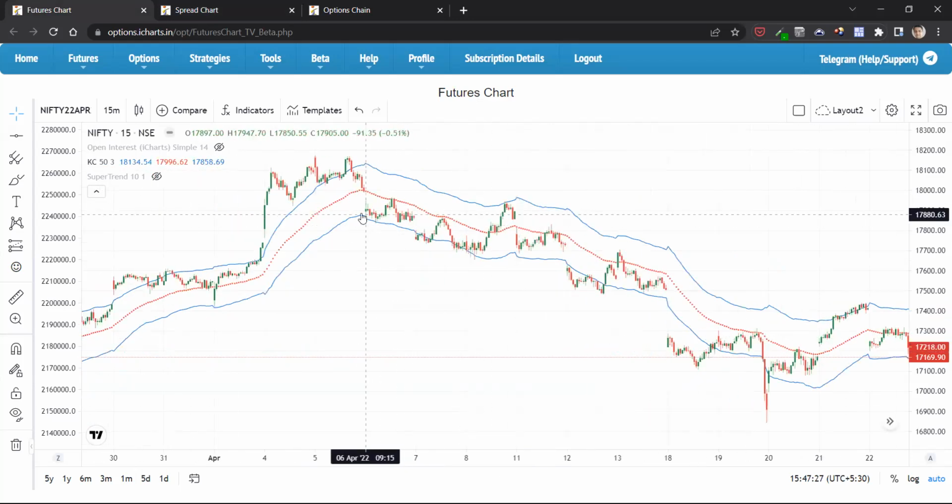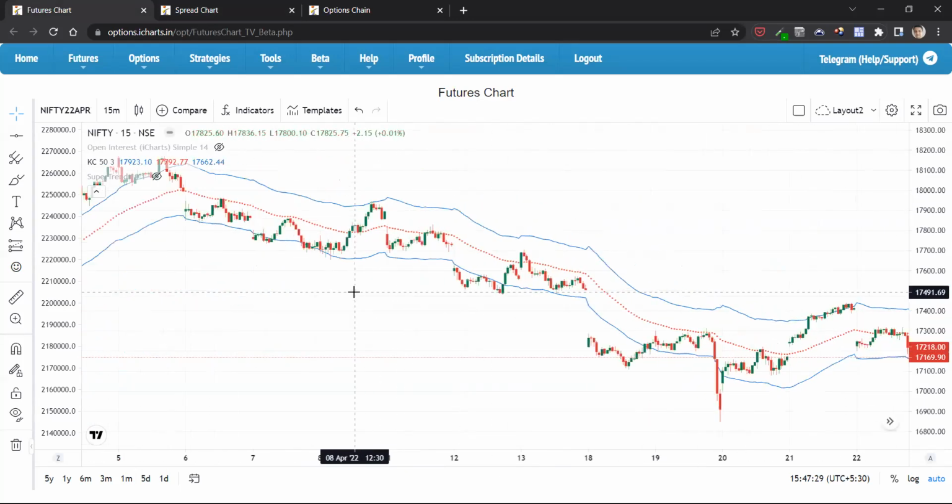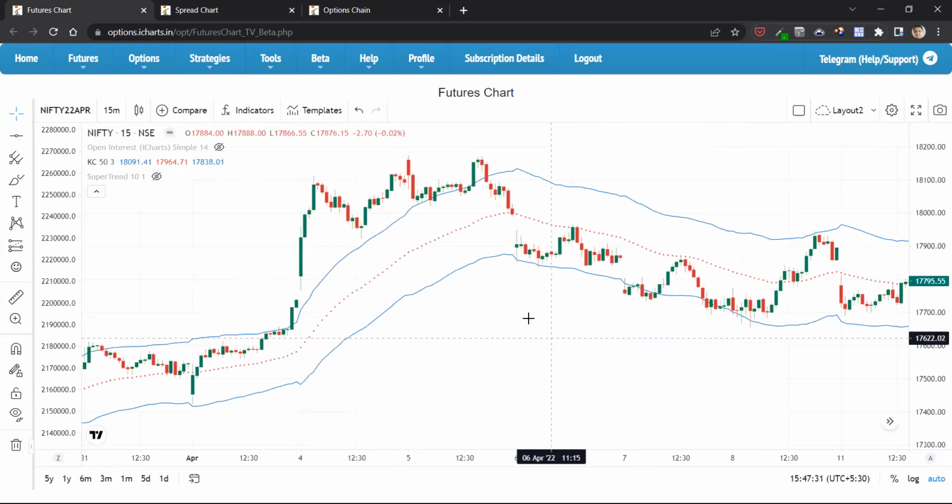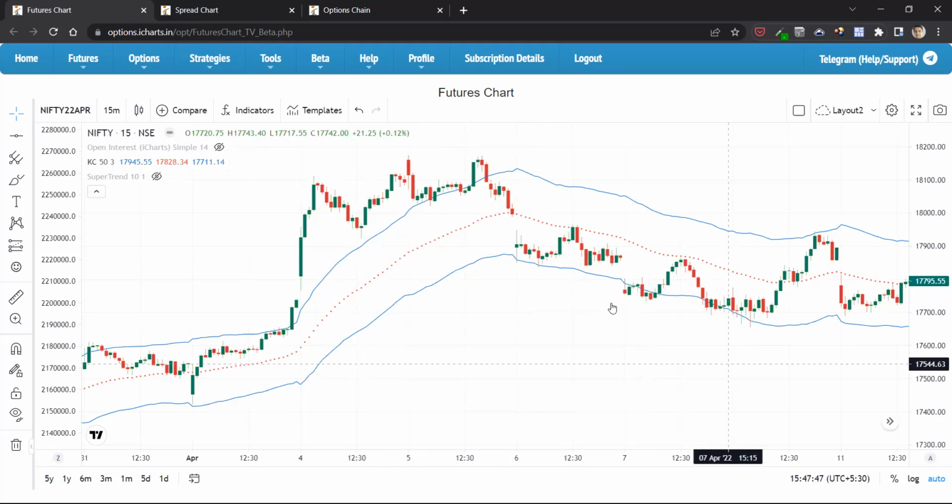So here in this case, this is where things got broken. Price was going up, so this rising lower Keltner channel gets broken over here. This is at 10:30, and this is 15 minutes, so at the 10:45 close this is where I would initiate a put debit spread.